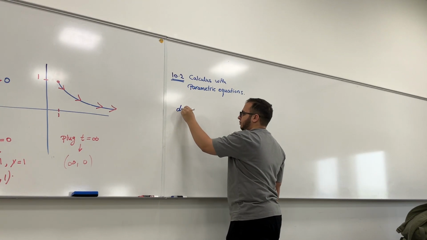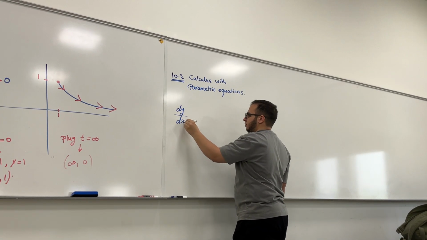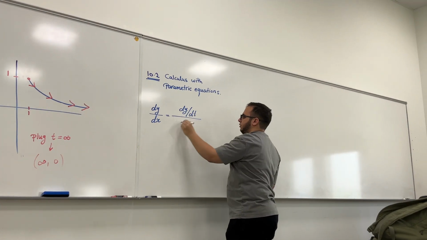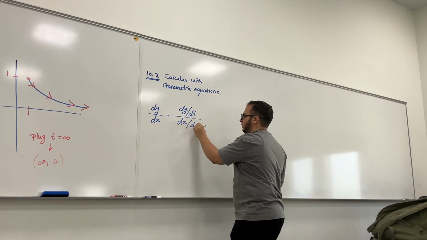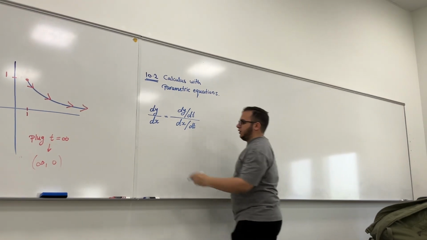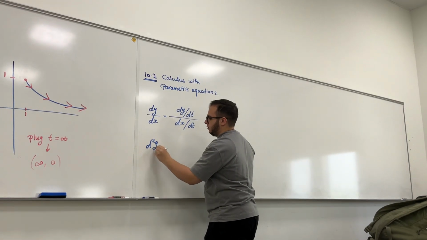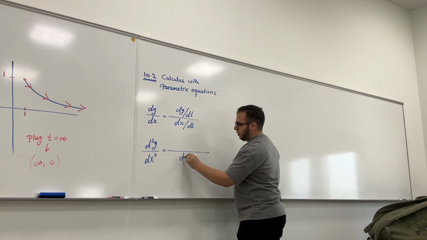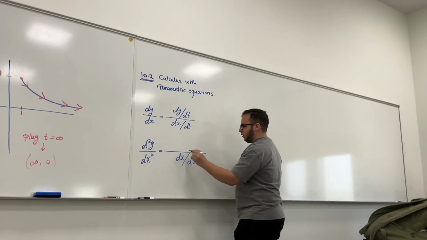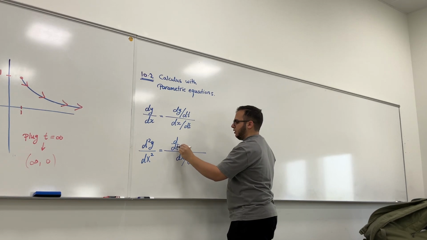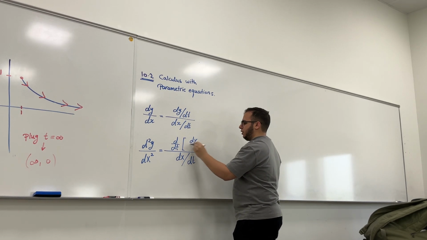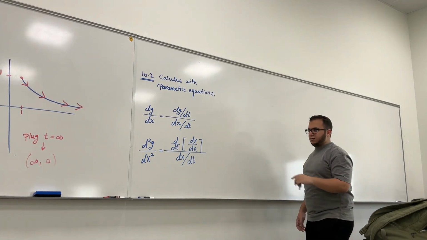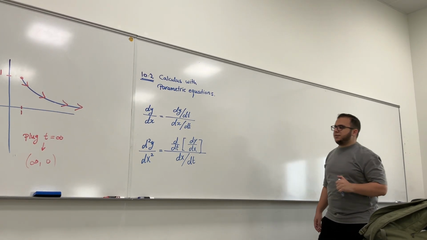So the first derivative is gonna be dy/dt divided by dx/dt. Okay? And the second derivative will be, here you have dx/dt, and then you have d/dt of dy/dx. Maybe this notation is confusing, but when we solve a question, I'll clarify it. Okay?